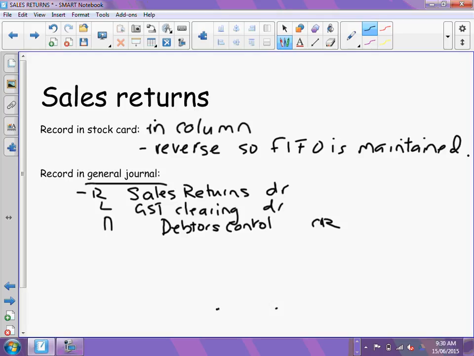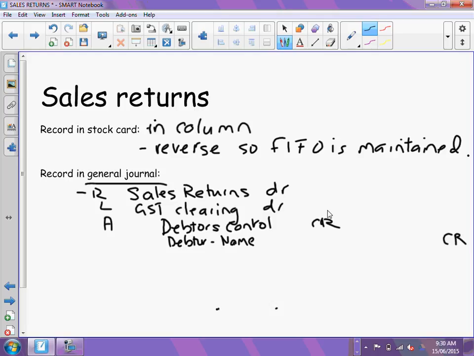So that's an asset that has decreased. The subsidiary ledger, the individual ledger account for the debtor who received the credit note, must also decrease. So in the subsidiary ledger, that would be a credit.